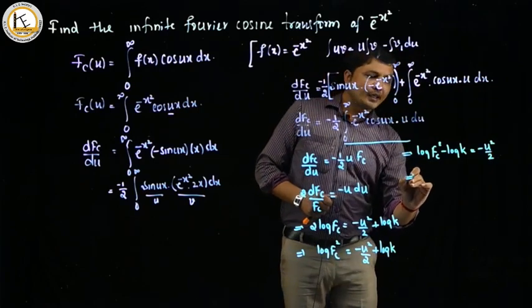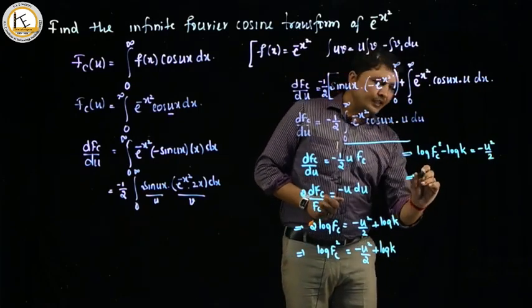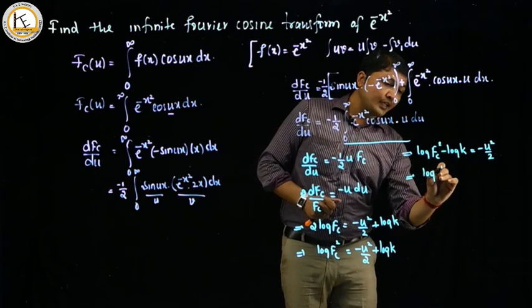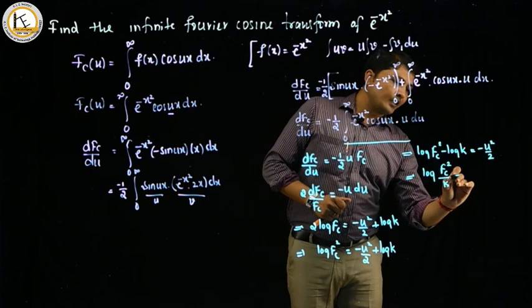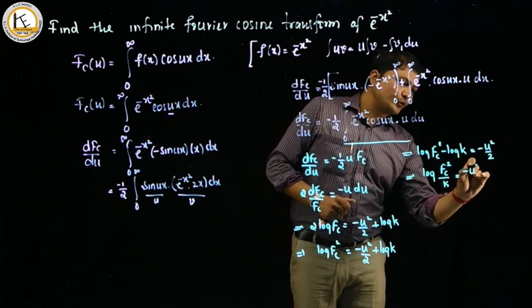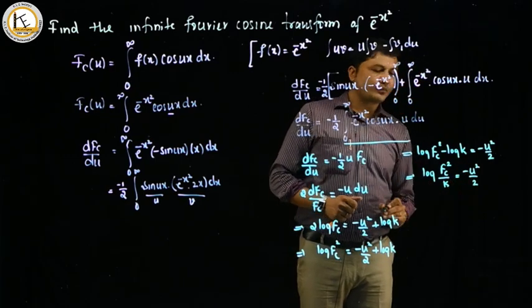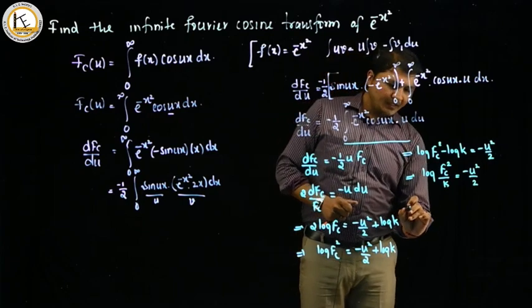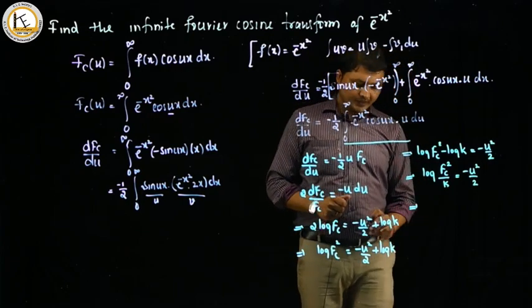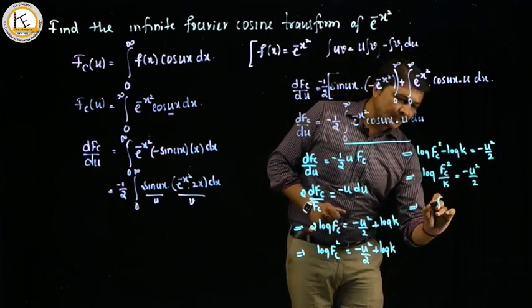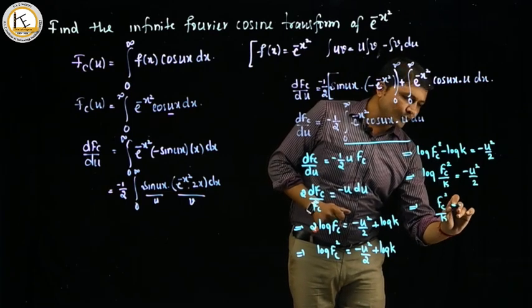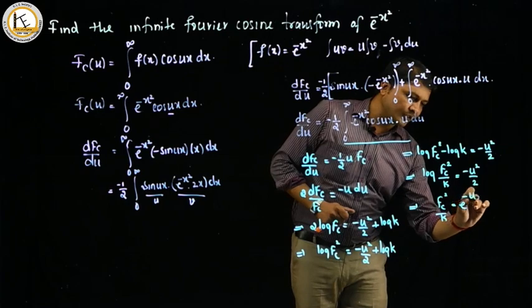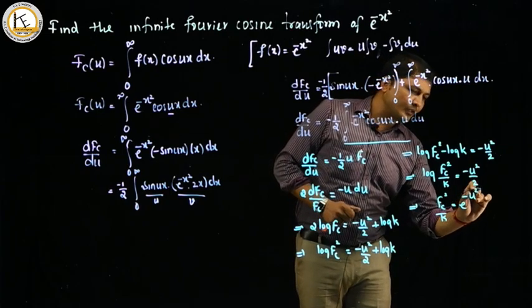So log m minus log n will be log of fc square divided by k is equal to minus u square by 2. Now taking the anti-log here, it becomes fc square divided by k is equal to the exponential function e raised to minus u square by 2.